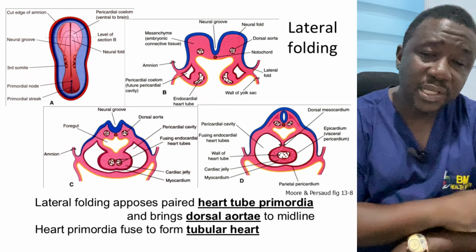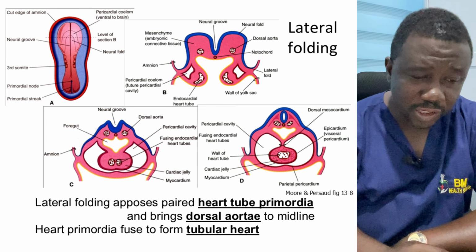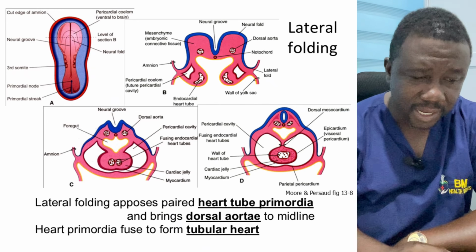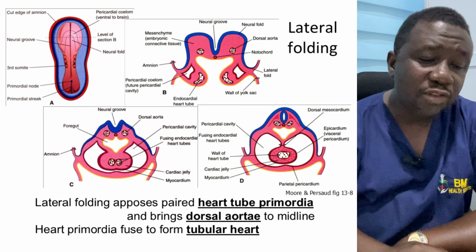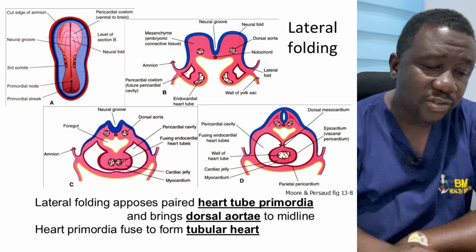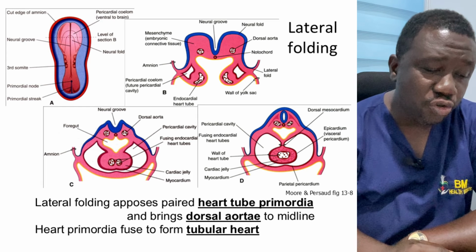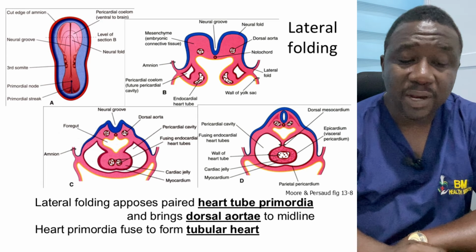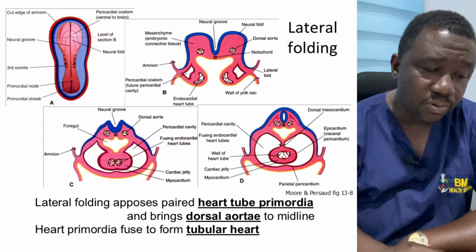So if you look at B, one cardiogenic area showing a small space that is named the pericardiac, and then the heart tube. The lateral fold will fuse them in C, so that the space here together with the other space here will form the pericardiac space, and the tube will meet and form the embryonic heart. If you go to D, it's cushiony small, okay?